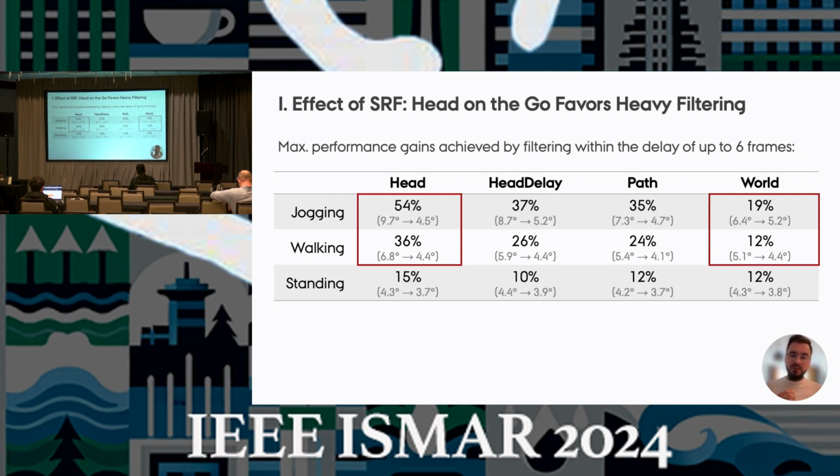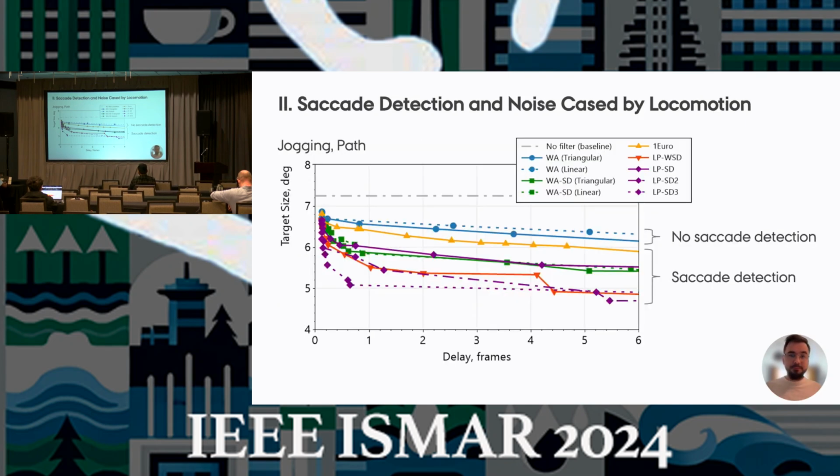This happens because suppressing the compensatory eye movements in this reference frame minimizes the adverse effect and thus leads to high performance gains, as opposed to, for instance, World, where filtering out the compensatory movements only worsens point inaccuracy. This demonstrates that the approach to filtering should take into account the spatial reference frame in which the UI is located.